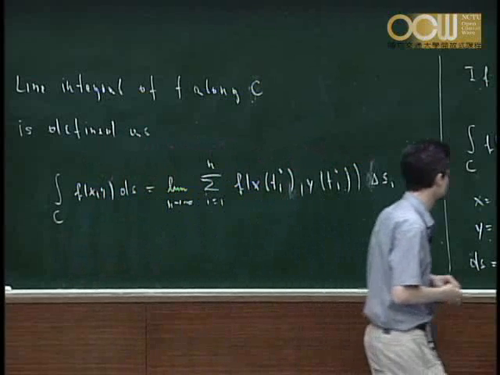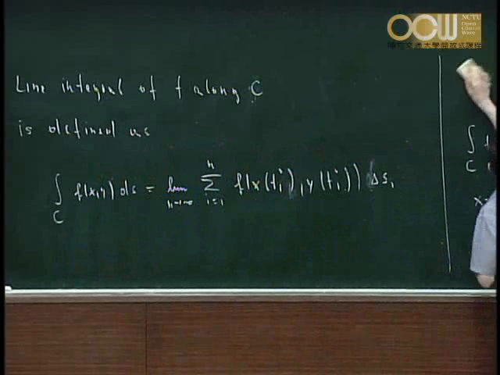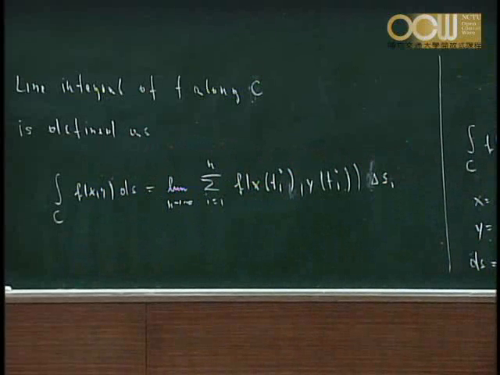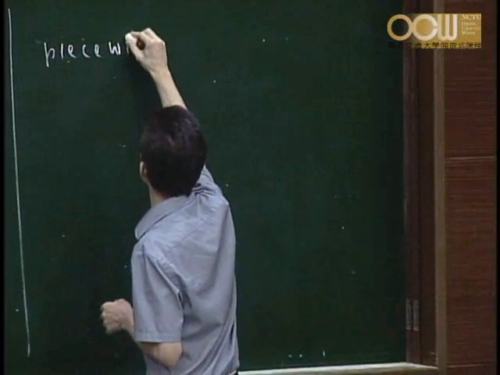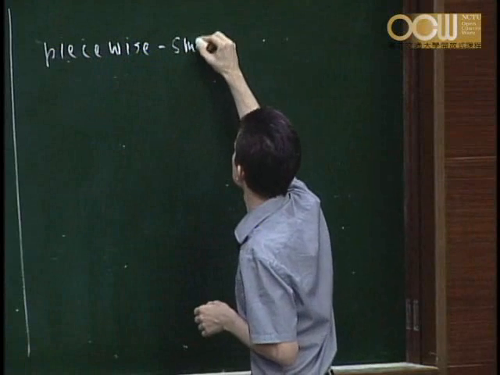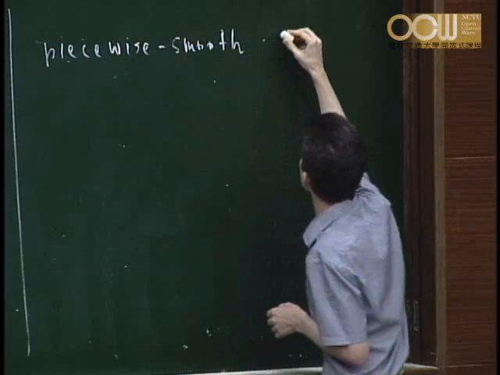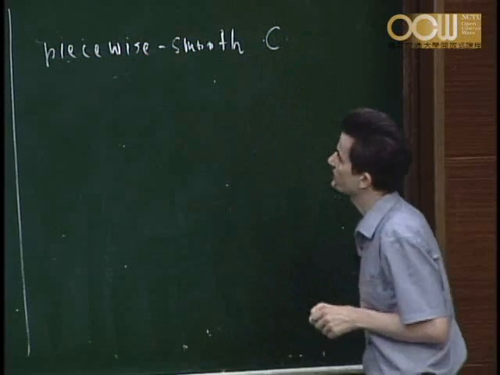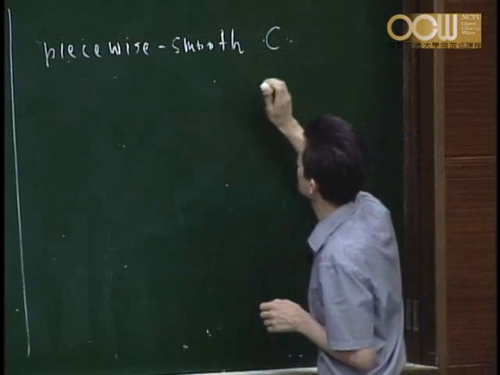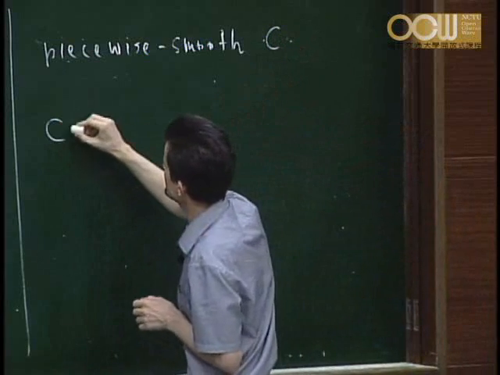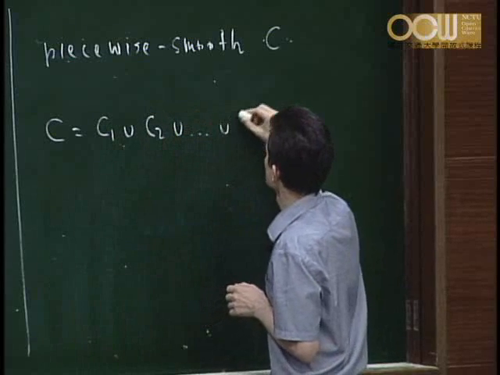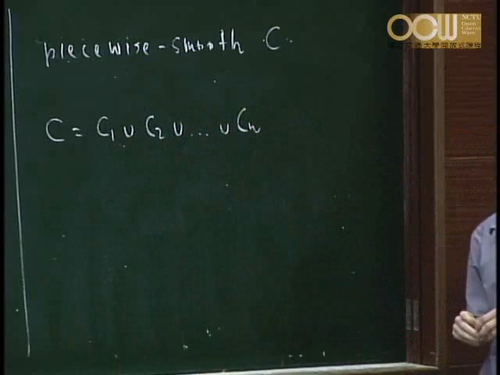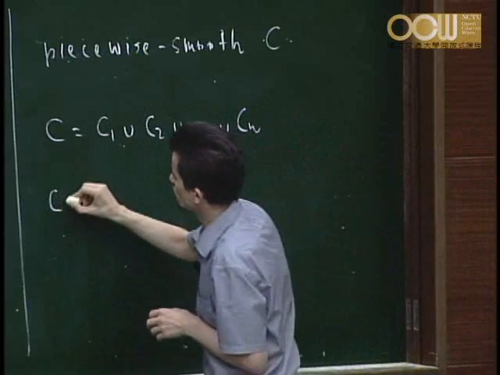Piecewise smooth meaning that you can write C as a union of plane curves Ci, where the Ci are all smooth plane curves.